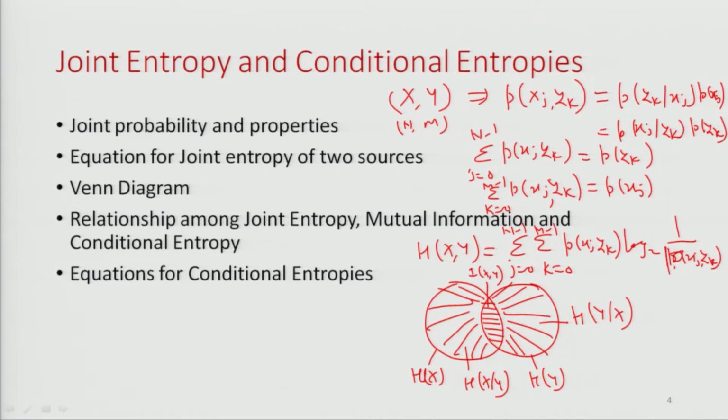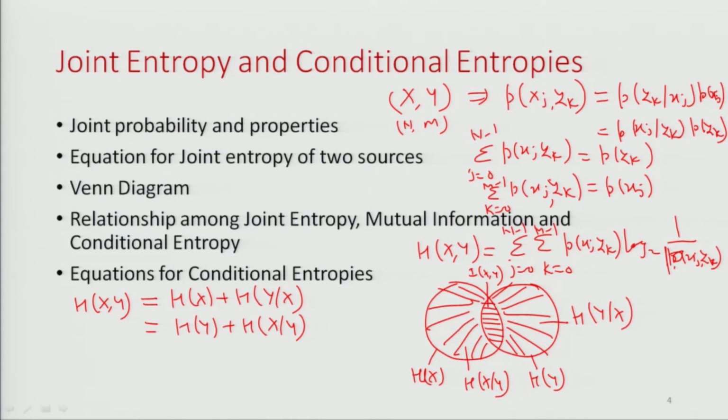In the relationship, the joint entropy H(X,Y) is given as the complete X part plus the remaining part of Y, that is H(X) plus H(Y given X), or from the Y side, H(Y) plus H(X given Y). This is the joint entropy.